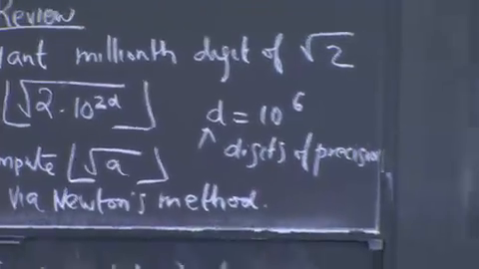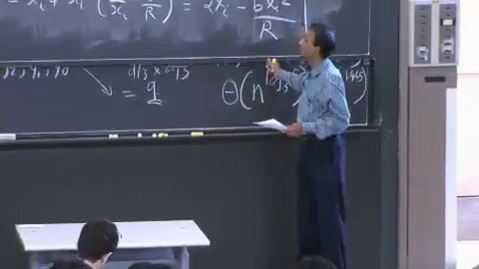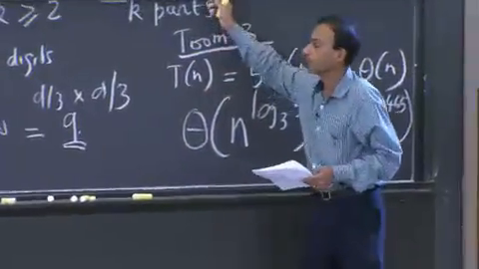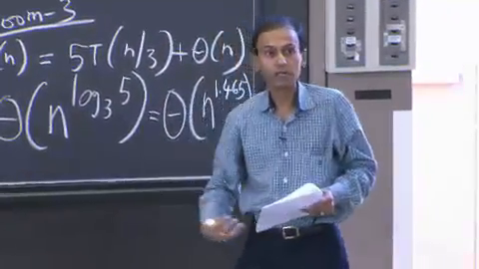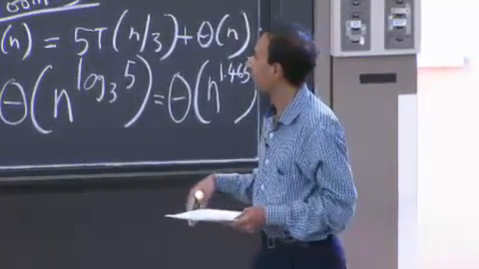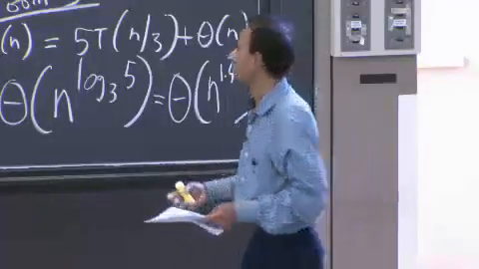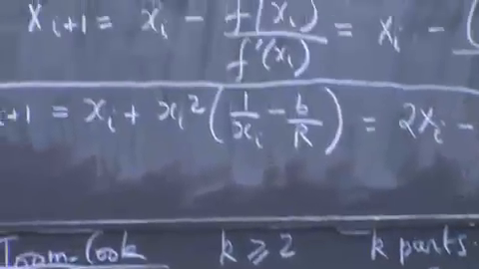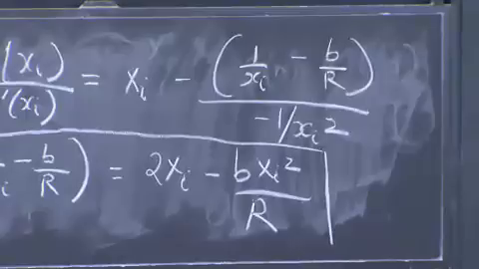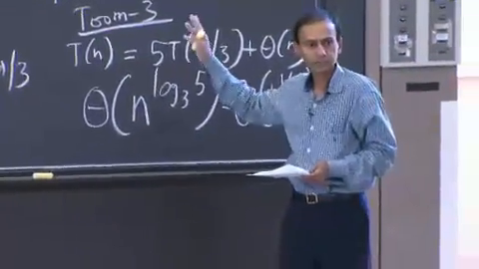To compute 1 over x_i, we apply Newton's method again, like I showed over here and over there. So that division requires iteration, but the iteration at the second level is one of multiplication. You repeatedly apply multiplication to go from x_i to x_{i+1} using multiplication and some easy operations, and then x_{i+2}, x_{i+3}, and so on. That makes sense?